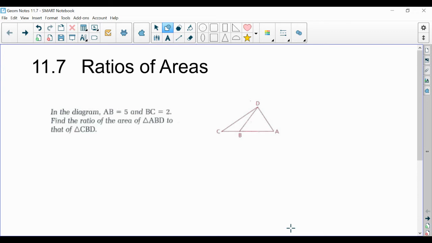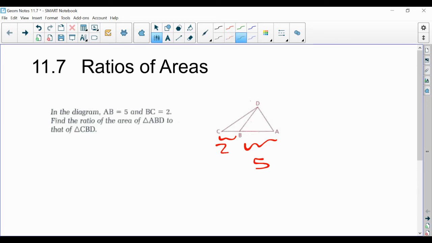So in the diagram, AB is 5, BC is 2. What's the ratio of the two triangles, ABD and CBD? Now, we actually don't have enough information to find the areas of both triangles because we're missing the height, but we're told that AB is 5 and BC is 2.